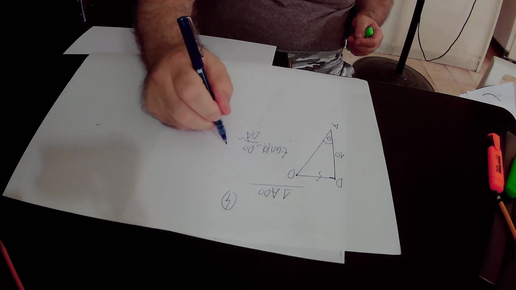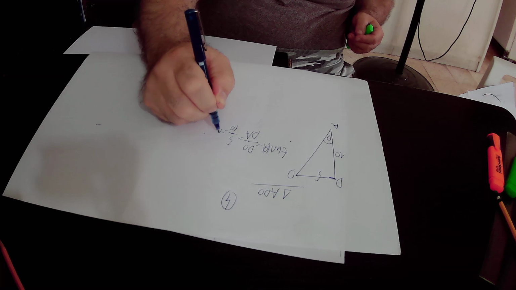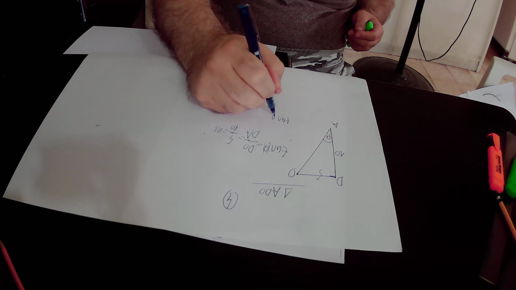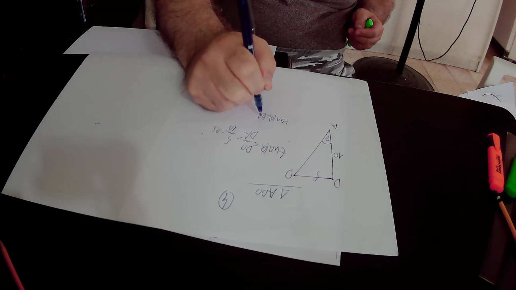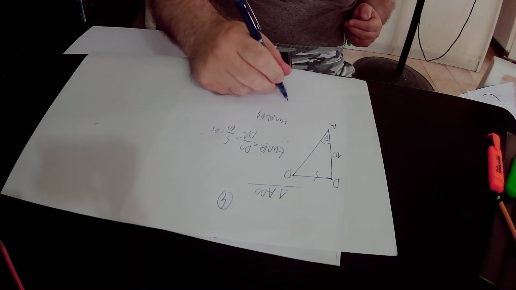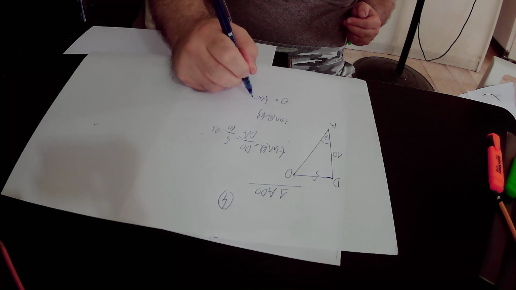DO equals 5, DA equals 10, so it is 5 over 10, that is 0.5. In conclusion, tangent theta equals 0.5. Now we operate the inverse function of tangent on the result, and this will give us theta itself. So theta equals tangent inverse of 0.5.